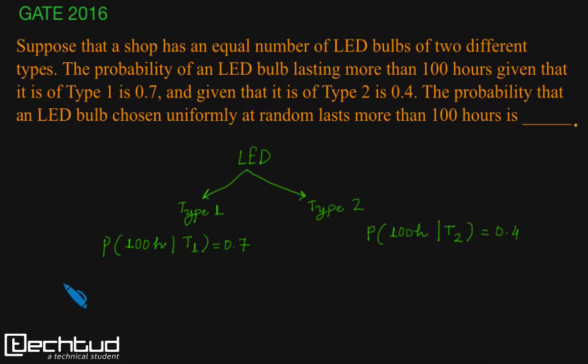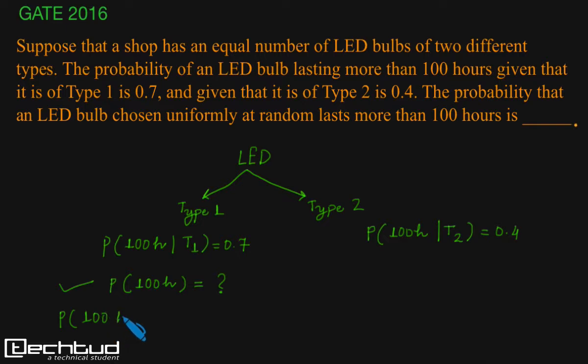Now what the question is asking is the probability that a randomly chosen LED bulb will last for more than 100 hours. So this is what we need to calculate. How do we approach this problem? The probability for a randomly chosen bulb to last for more than 100 hours will be equal to... Now, let's look at the cases here.